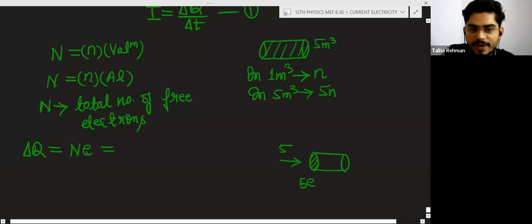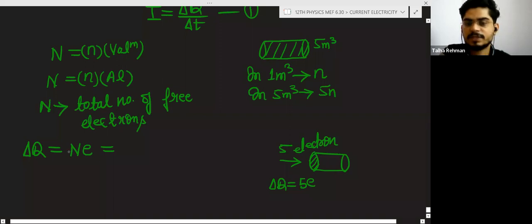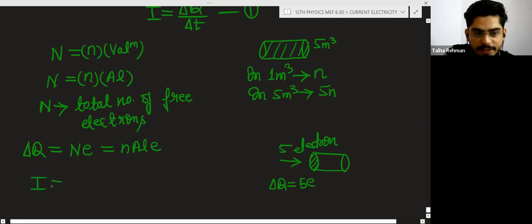Similarly, if N total number of electrons are passing from the cross section, then the amount of charge passing is Ne, and N is given by nAL, and this is e, and we know that current is equal to delta Q by delta T.